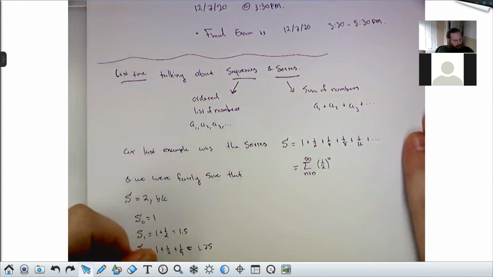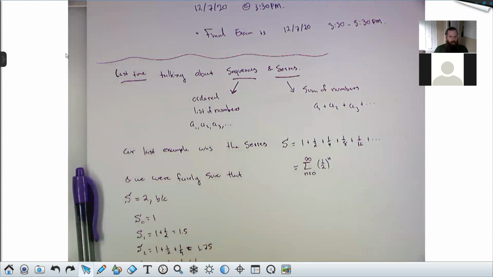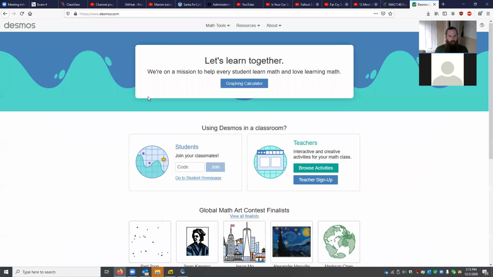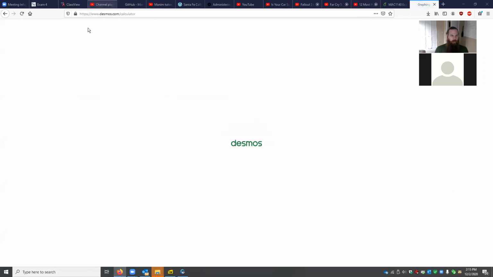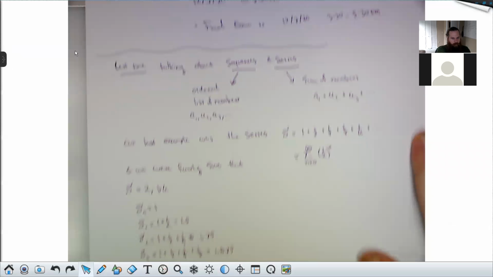S3 was 1 plus 1/2 plus 1/4 plus 1/8, which was 1.875. These appear to be getting closer and closer to 2.